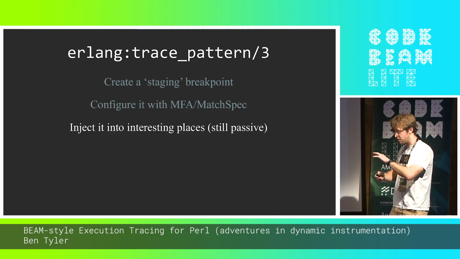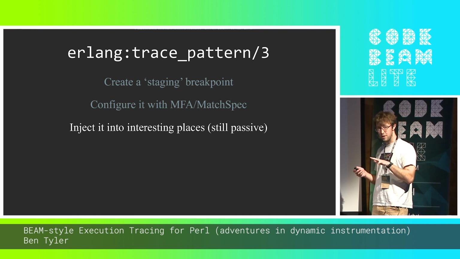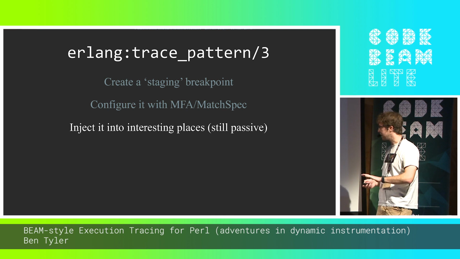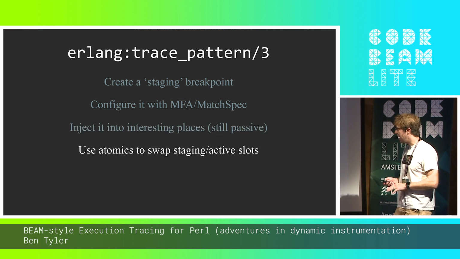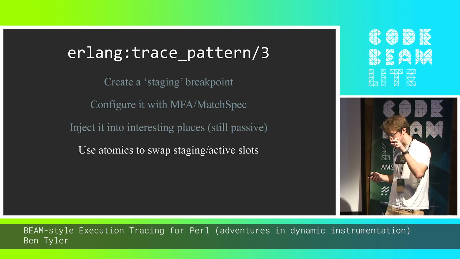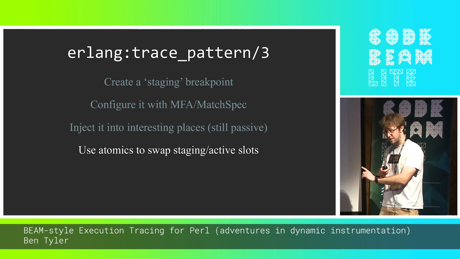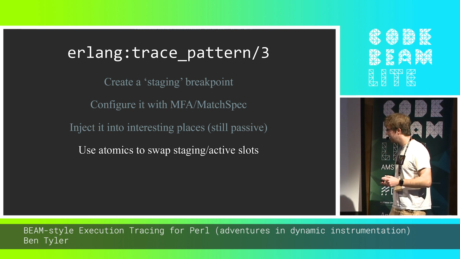And then it injects it into all the interesting places in the code that it should be, while still being passive. It's not actually activating anything. Nothing is executing yet. And then finally, once it's been injected into the code in all the places where it should be, there's an atomic swap where an index gets flipped, and now it's live. Now it's no longer staging, but active.